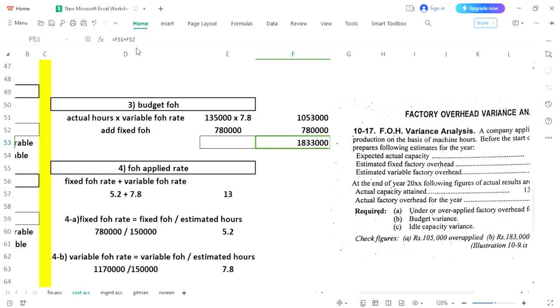So you can see over here your budget FOH has been calculated, and it is not needed, we can erase it. Alright, and now finally we have calculated our budget FOH.